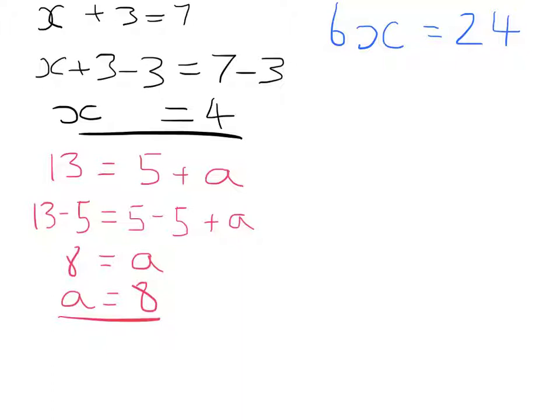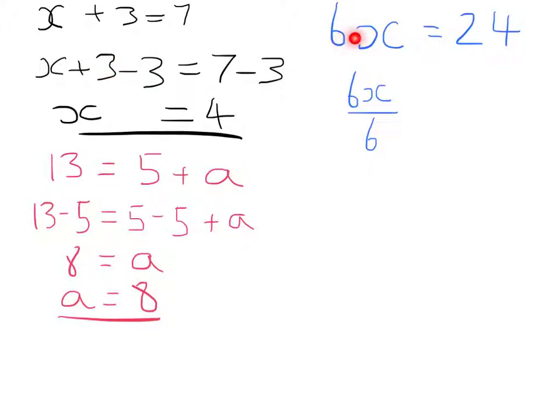So, we have to get rid of that 6. Well, the inverse operation, or the opposite operation to multiplication is division, isn't it? So what we need to do, we need to say 6x divided by 6. Because up here it's 6 times x. Okay, so to reverse that we have to divide by 6. Just like here we said if it's a plus we have to do the opposite, so we take away.